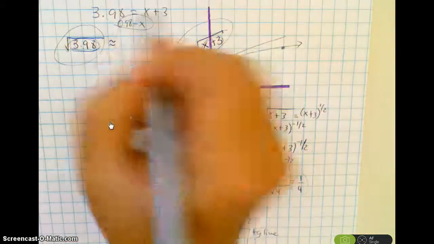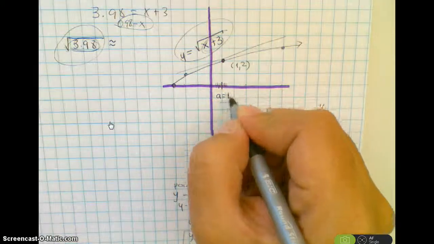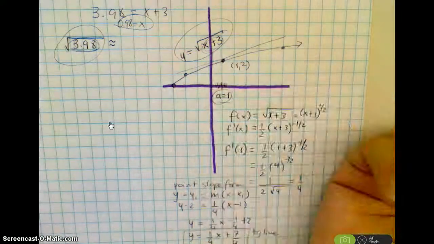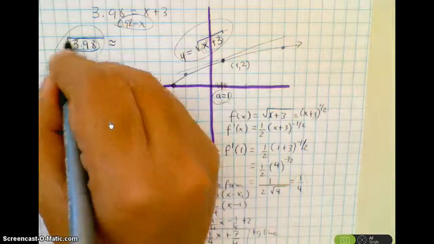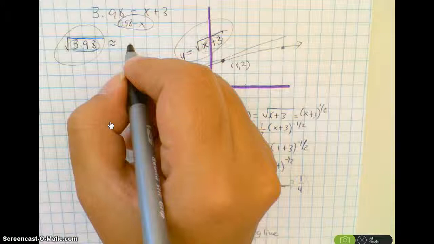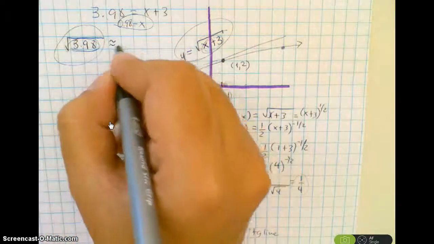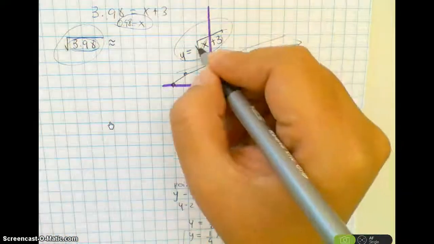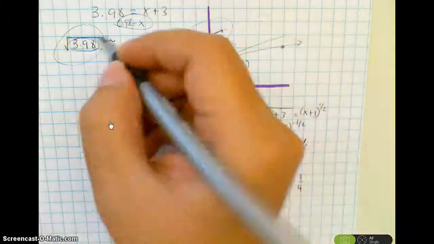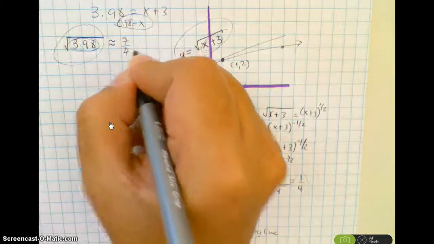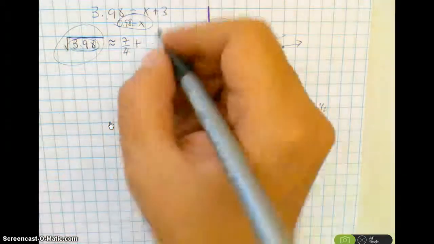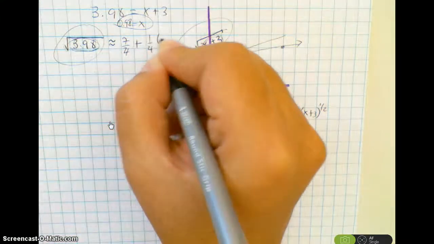So that's the x that happens to be around 1 that I can use the tangent line for as an approximation of the real y. So the square root of 3.98 is exactly the square root of x plus 3 when x is exactly 0.98, but it's about 7/4 plus, remember that our equation was 1/4 of that x.